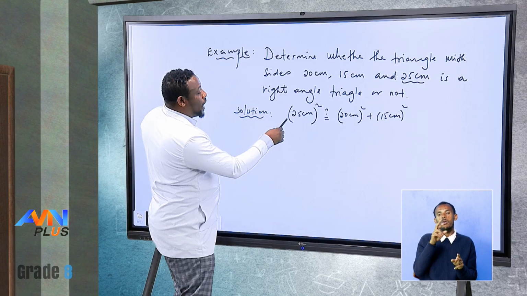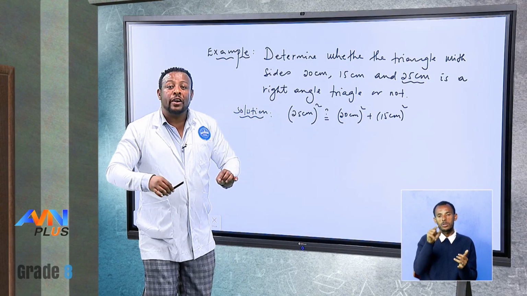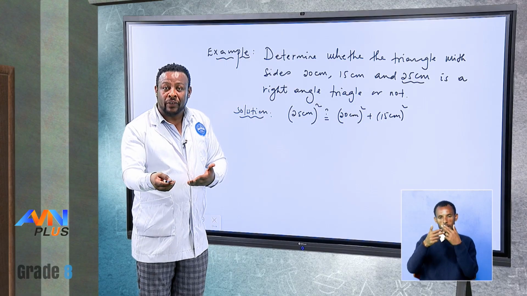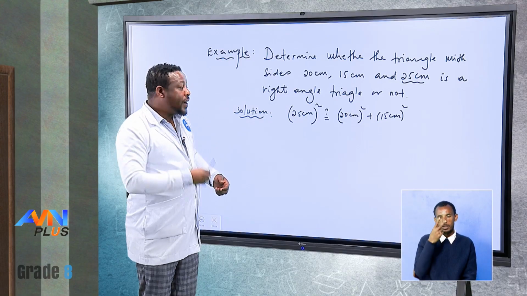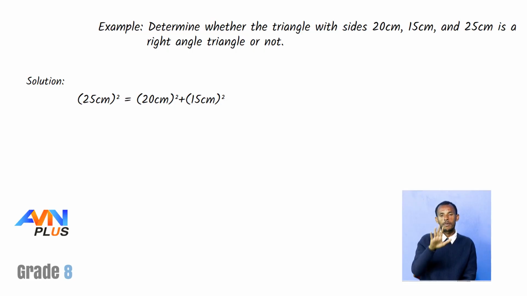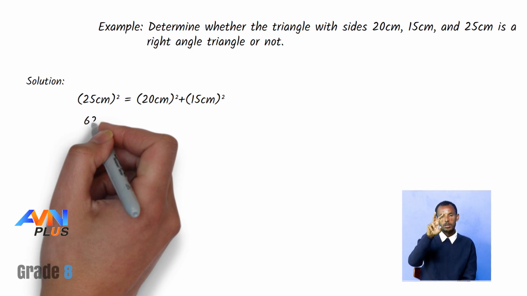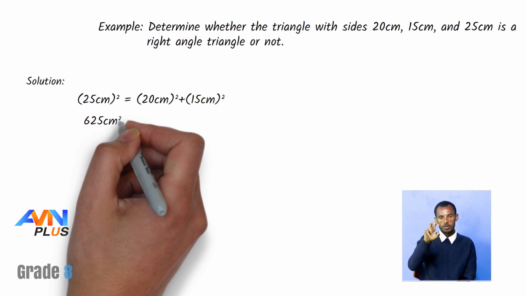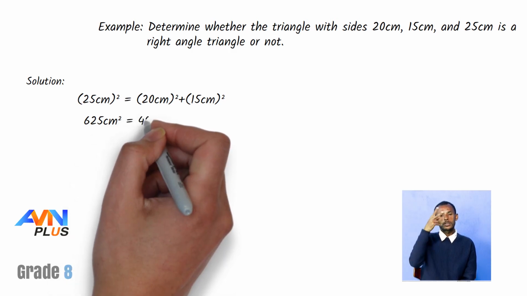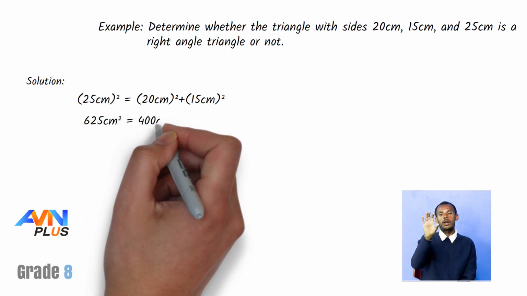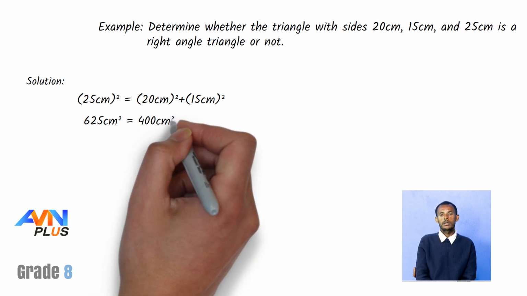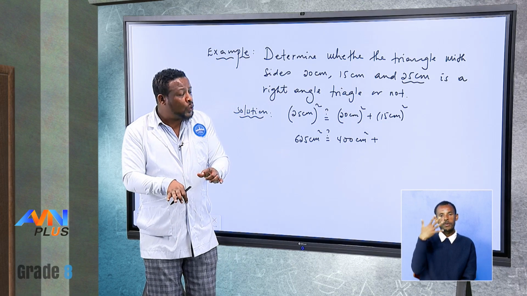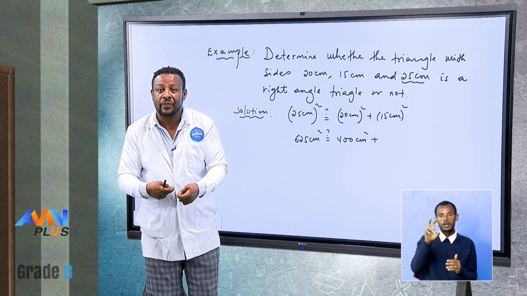So now, as you can see, 25 centimeter square means multiply 25 by 25. Okay, check it. 25 by 25 is 625. Okay, the square of this number is 625, and the square of 20 is 400 centimeter square, and the square of 15 is 225, right?